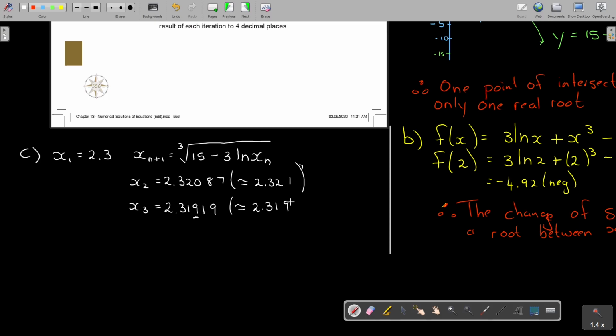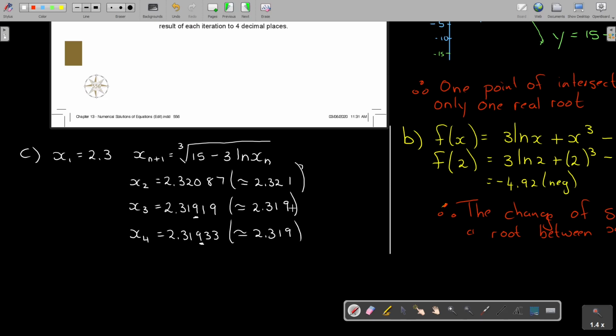Okay. And then I'm going to go for x4. So press equal again. So it's 2.31933. And now it's 1, 2, 3, 4, 5. So after the 2 is a 9, so it will become another 3. And if I approximate it to 3 decimal places, it's 2.319. Oh, and that's nice.